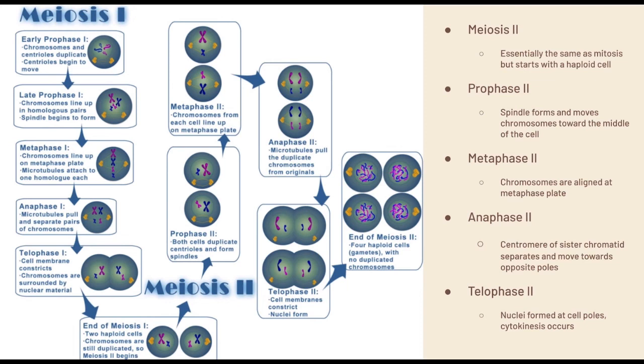In anaphase 2, the centromere of each sister chromatid separates and moves towards the opposite poles. And by telophase 2, nuclei are formed at the cell poles, which allows for cytokinesis to happen right afterwards. At the end of meiosis 2, there are 4 haploid cells, or gametes, with no duplicated chromosomes.